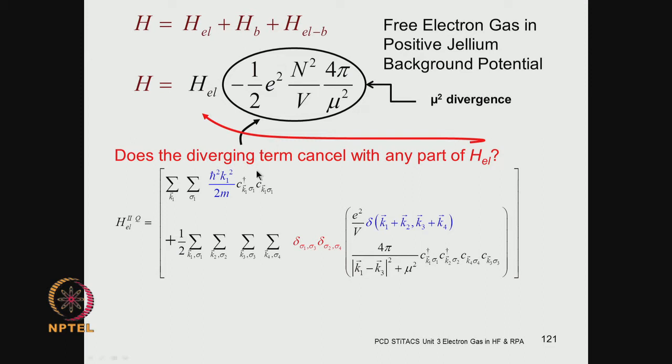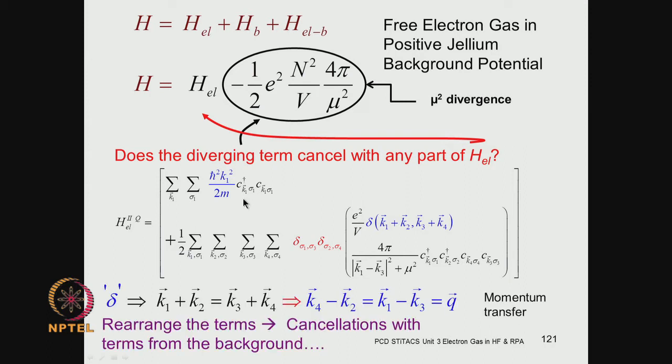So let us look at this particular expression here. What we have now done is we can write the electronic Hamiltonian in the second quantized form inclusive of the spin, and we are going to inquire by rearranging the terms in the electronic part of the Hamiltonian if there is any cancellation.